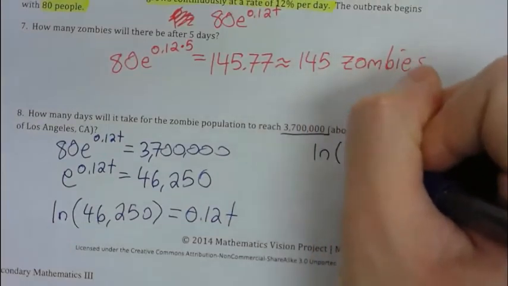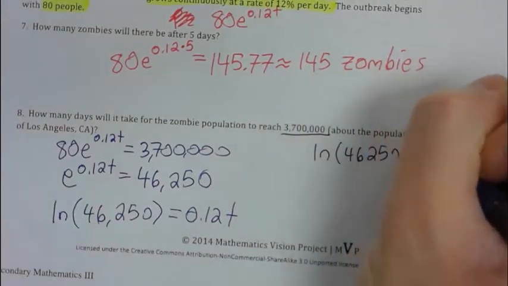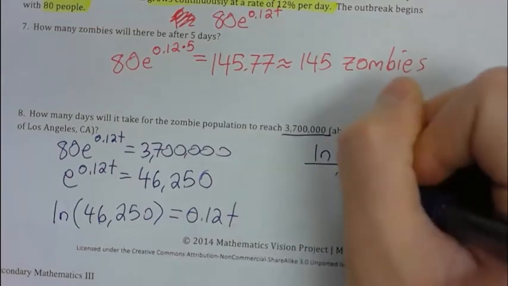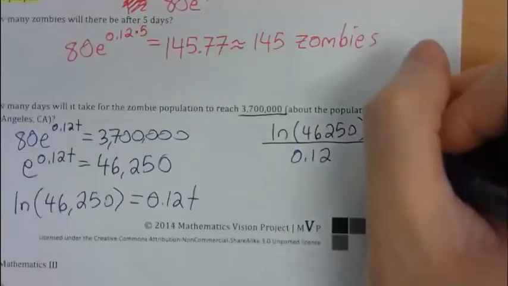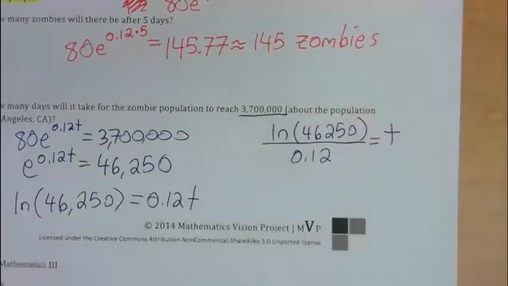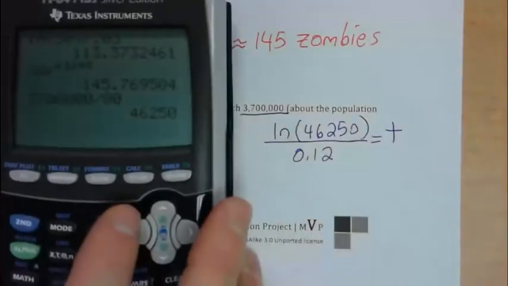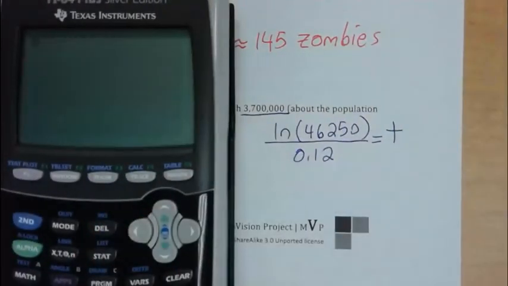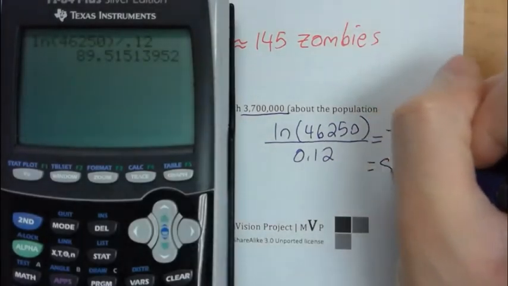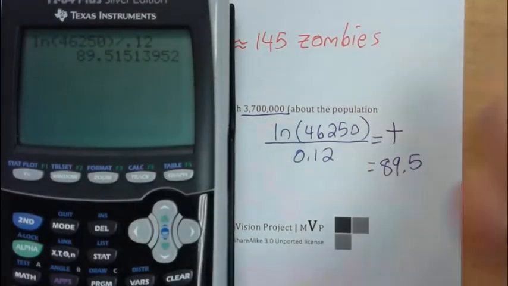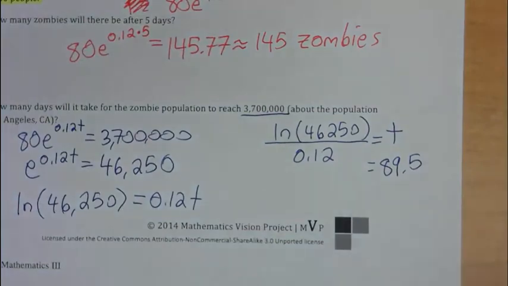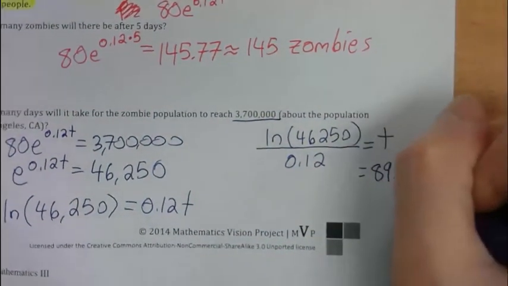So natural log of 46,250 divided by 0.12 equals t. Putting that in our calculator, we get the natural log of 46,250 divided by 0.12. That is an answer of 89.5. And this is days. We can say that is just days.